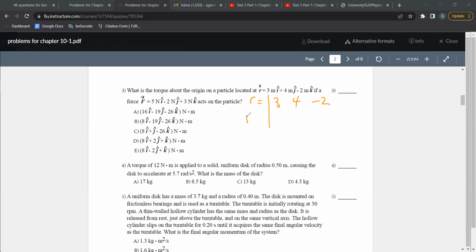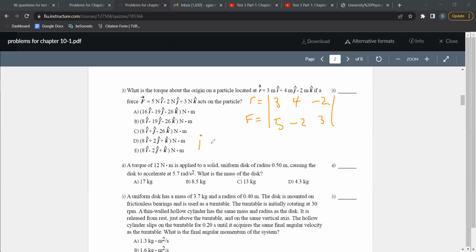And our F will equal 5, -2, 3, all in here.